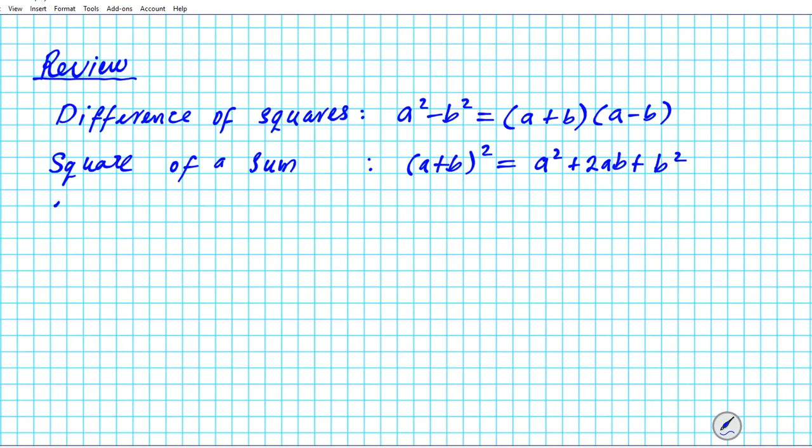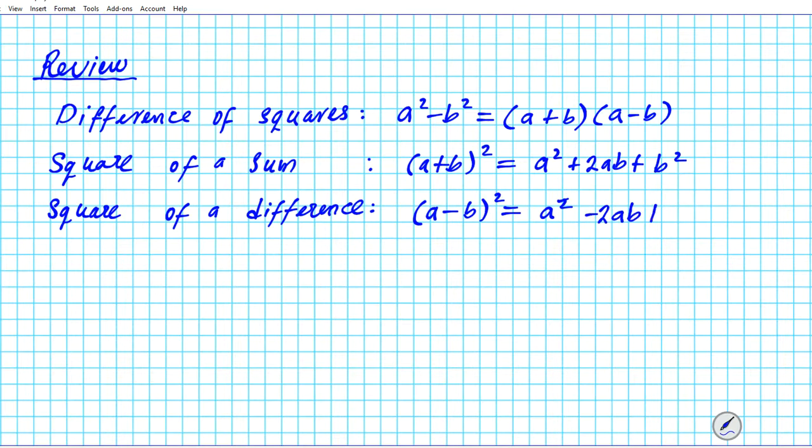Now what if you have the square of a difference? This is not difference of squares, okay? The difference of squares is different from the square of a difference. The square of a difference is a minus b quantity squared, and is not equal to a squared minus b squared. It is equal to a squared minus 2ab plus b squared.